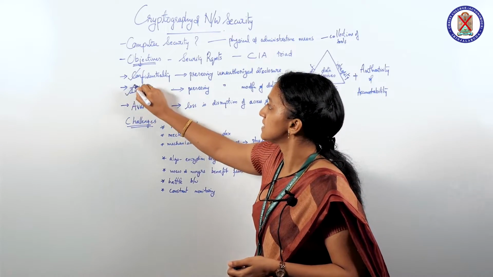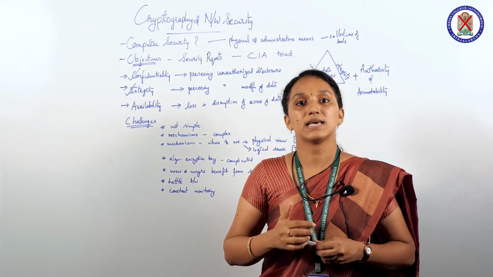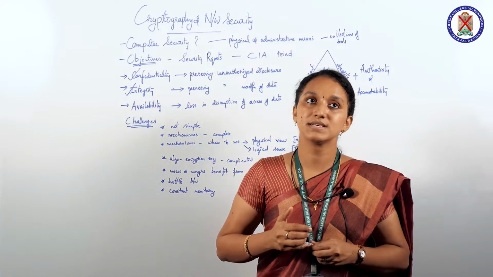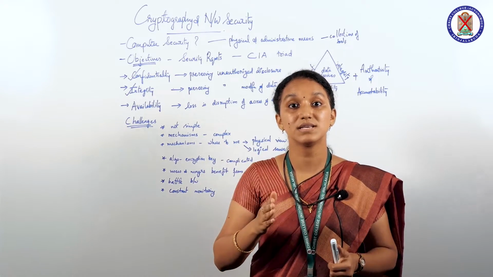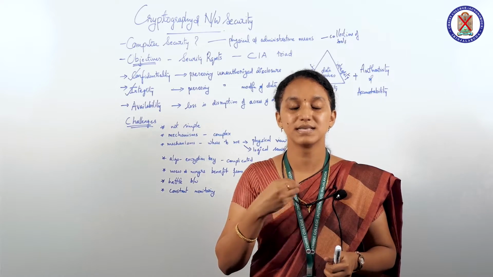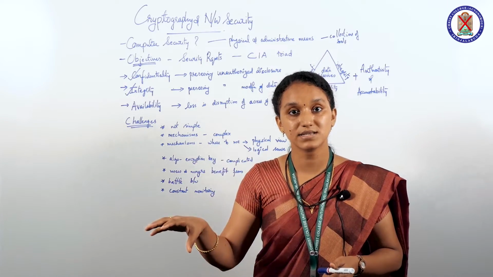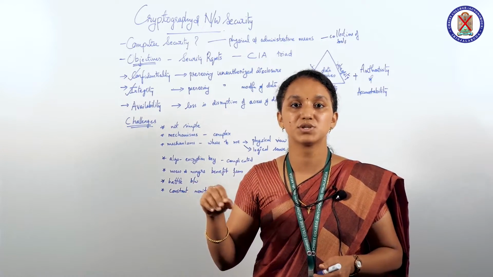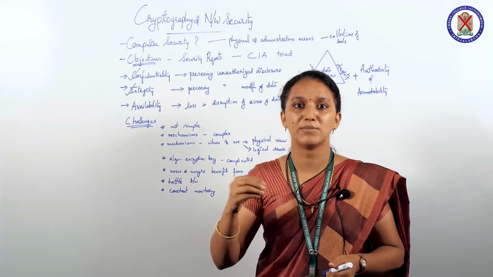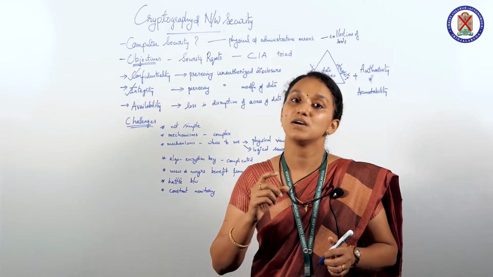The second important objective is integrity. When do we say integrity is preserved? Integrity is preserved if data sent from source to destination reaches as it is. That is, I send data ABC from the source side, and at the destination also I expect it to be ABC. If any manipulation or modification is made, for example, ABC becomes CAB, all the data have reached but it has been reordered.